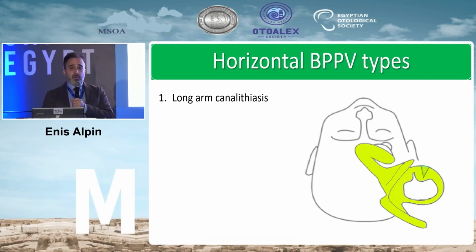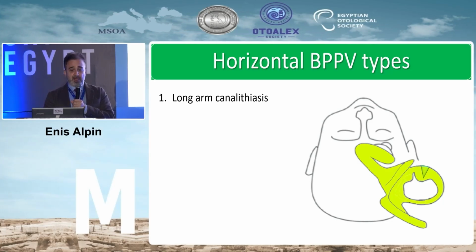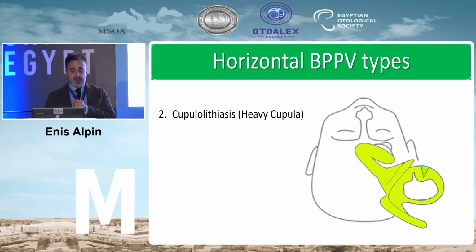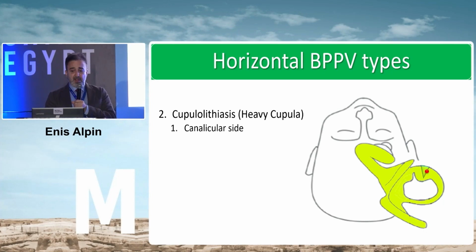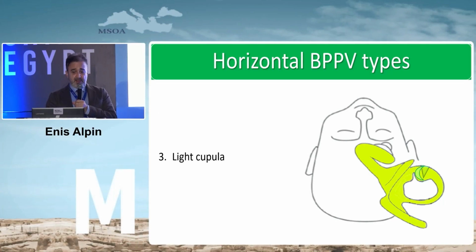I personally know more than 8 forms of horizontal canal BPPV. The most common one is the horizontal long arm canal lithiasis, in which the particles are located in the long arm. And the second one is cupular lithiasis, and the particles may be attached on the utricular side, rarely.